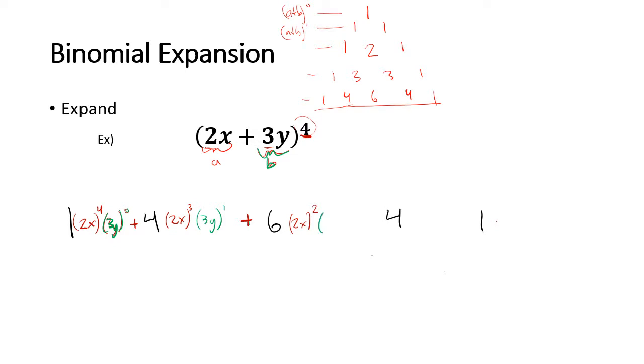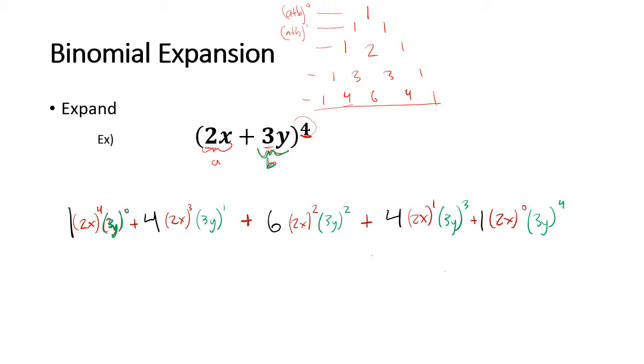B term, it's going up every time, so we're at 0, 1, this will be 3y squared. Plus, then we have the a term, 2x, it was at 2, now it's down to 1. And we have the b term, 3y, it was at 2, now it's up to 3. Plus, and lastly 2x to the 0th power now, and 3y to the 4th.